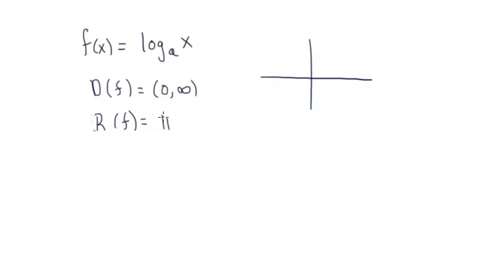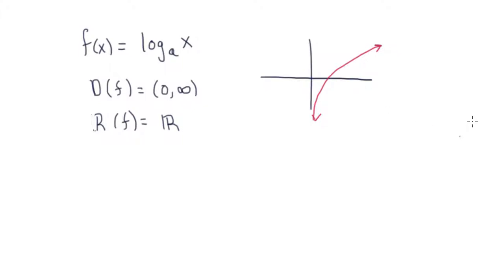So the range of the logarithm is going to be the same as the domain of the exponential. And if you recall, exponential functions, when you graph them, the logarithm is just their reflection over the line y equals x. So the logarithm function should look something like this. And this is actually going off to infinity as x goes to infinity.